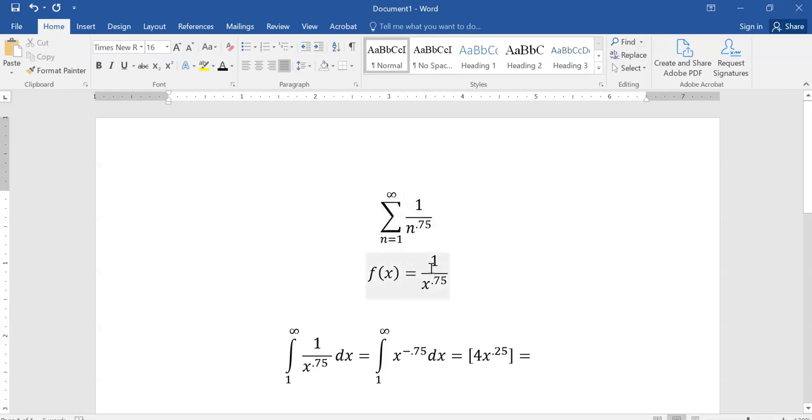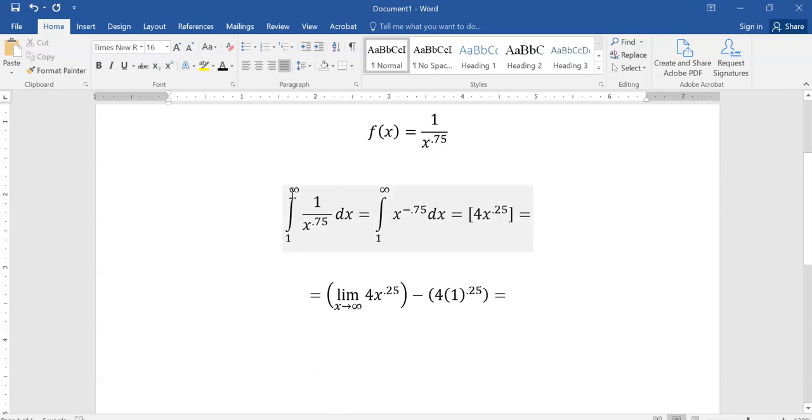Our function here is 1 over x to the 0.75, and we're going to integrate that function from 1 to infinity. When you integrate that function, you can start, if you want to, by calling it x to the negative 0.75, add 1 to that exponent, you get 0.25, and then divide by that 0.25. 1 divided by 0.25 is simply 4.